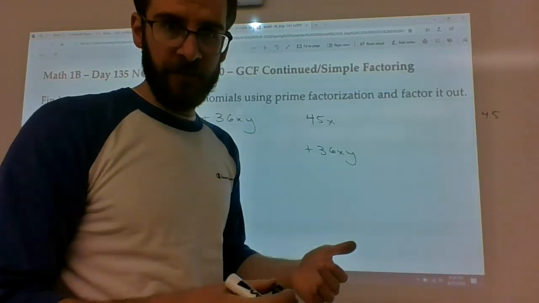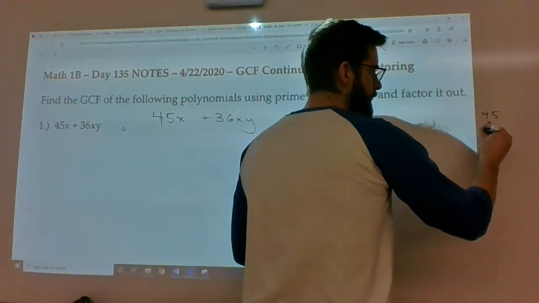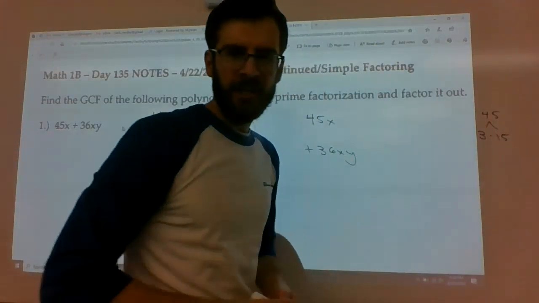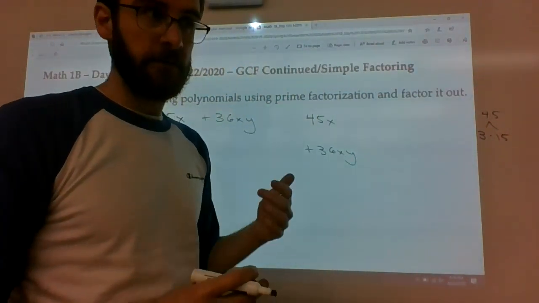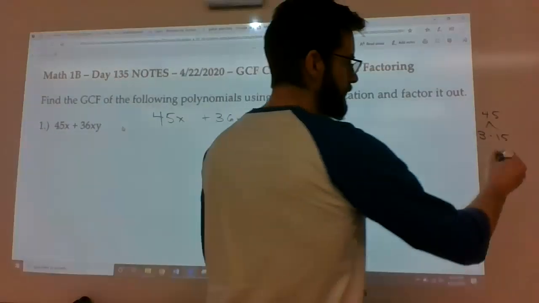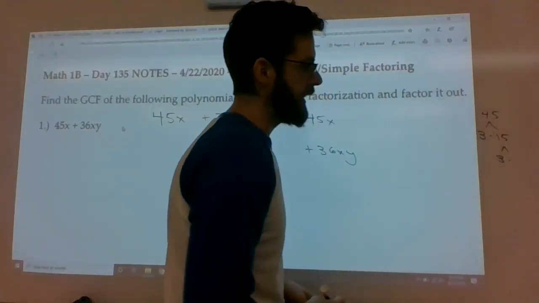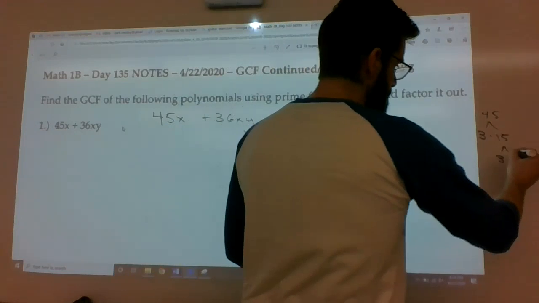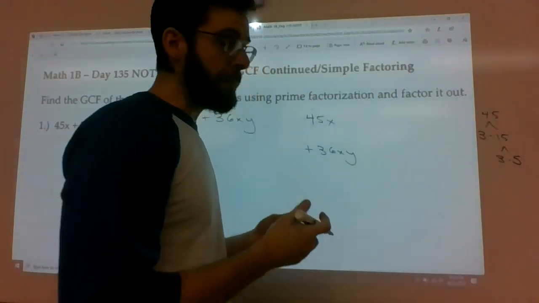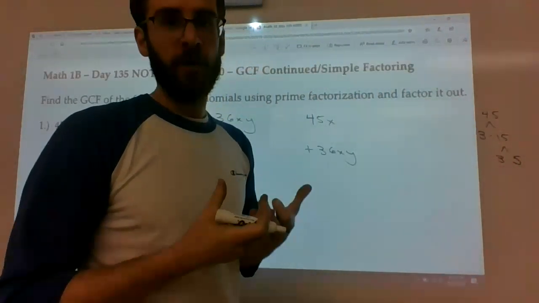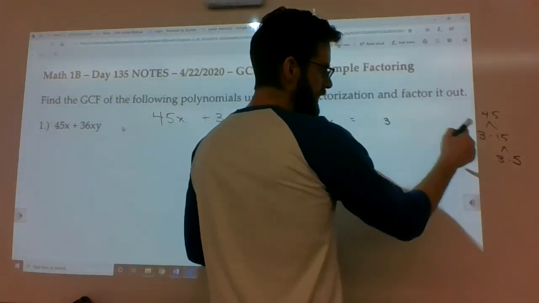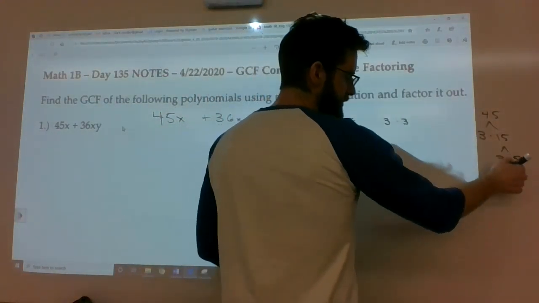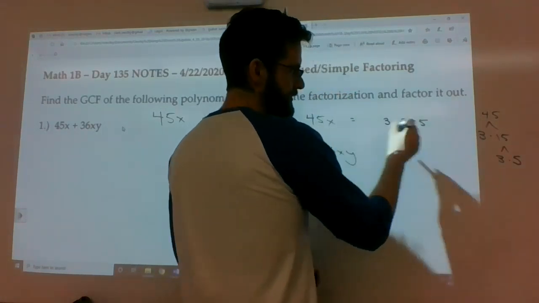So when you take 45 divided by 3, you get 15. You can break 15 down again by dividing, can't divide 2, but it will divide 3. And 15 divided by 3 is 5. So we got the basics, the nuts and bolts of what 45x is. 45x is 3 times 3 times 5 times x.